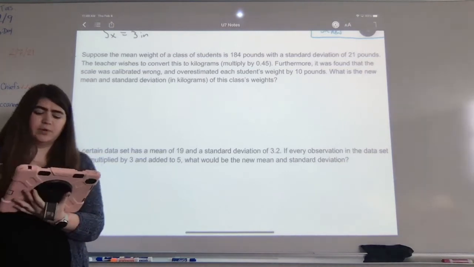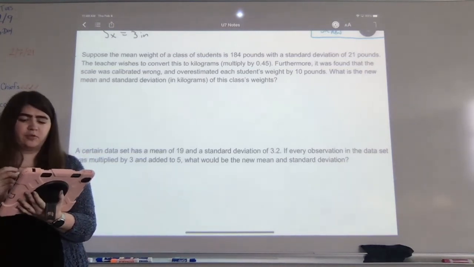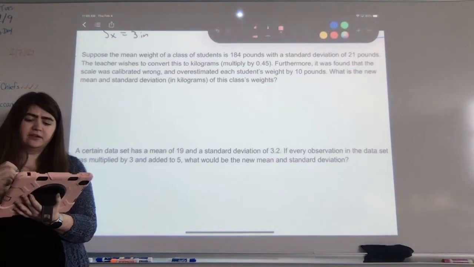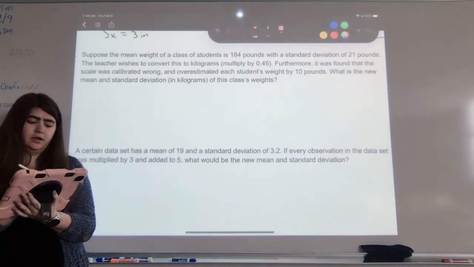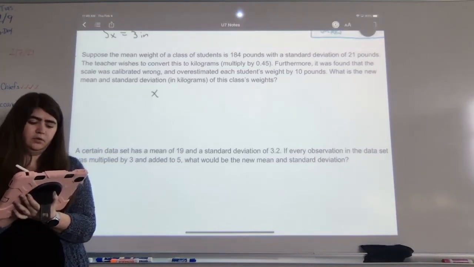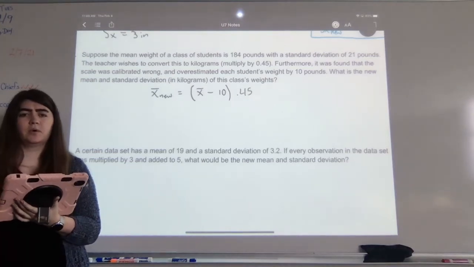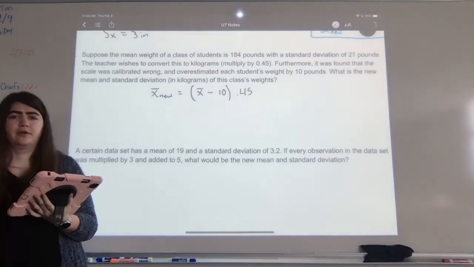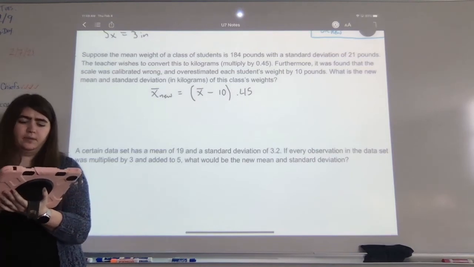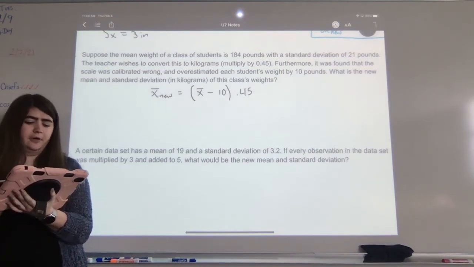So if we were to write this as a formula, you would get something like the new mean is equal to, in parentheses, the original mean minus 10, and then multiplying by 0.45. That's really what we're doing. That is the formula for what's going to happen here. And I'll leave that there for now.